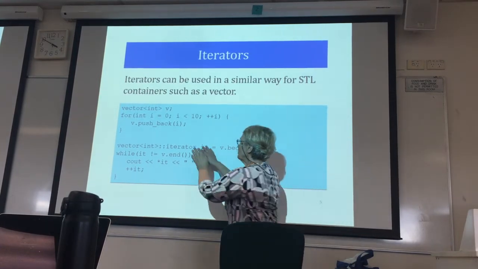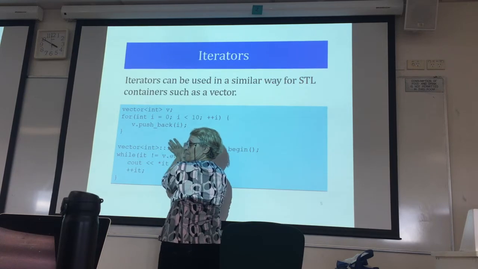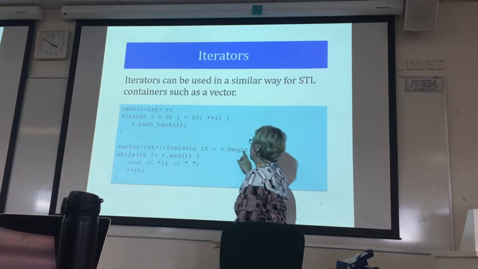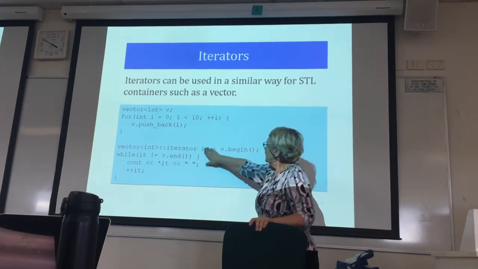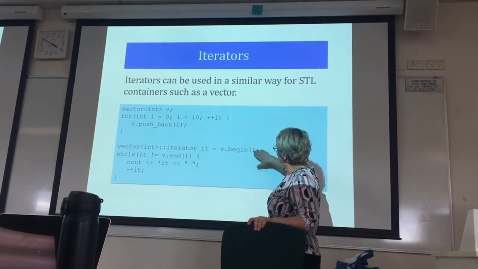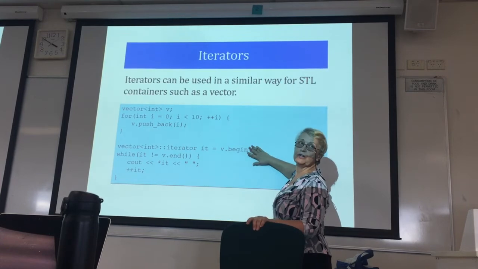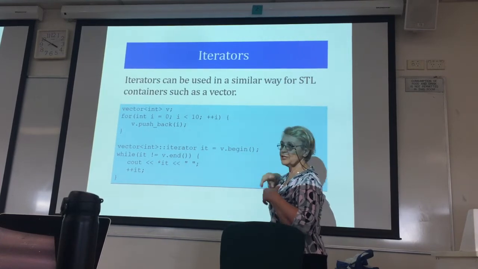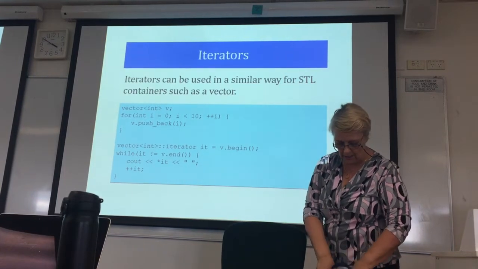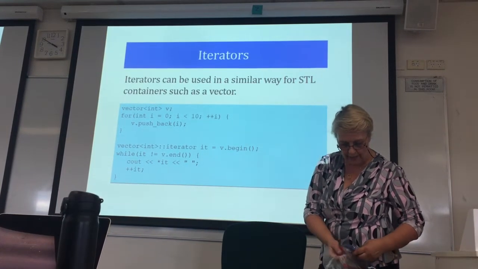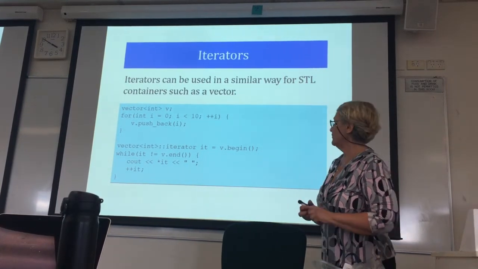A shortcut. You put auto here. IT equals V begin. Auto means this gets whatever type is returned by this function. Auto is a shortcut. So there are two options. One is to use auto, or the other one is to use typedef.